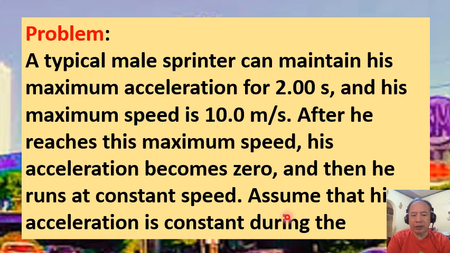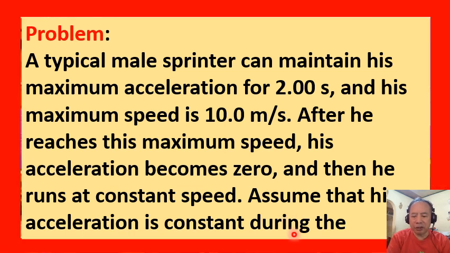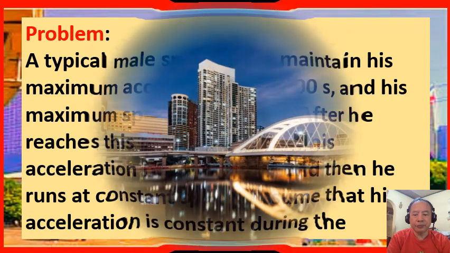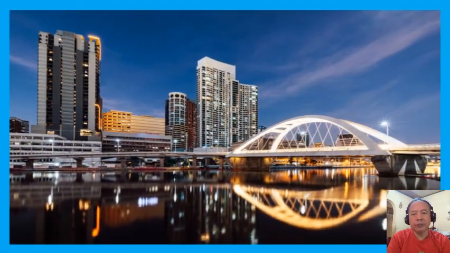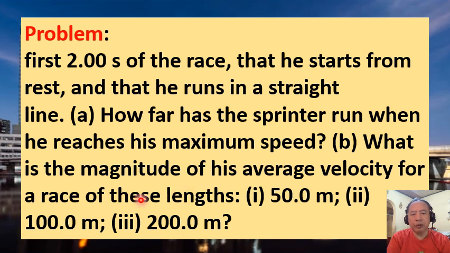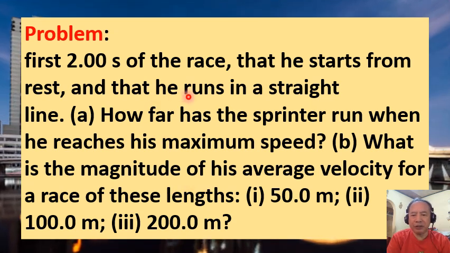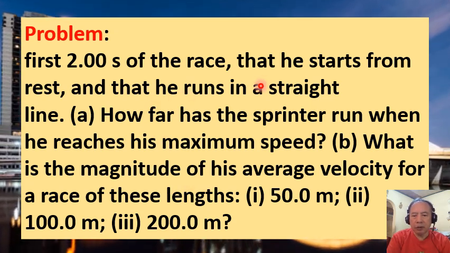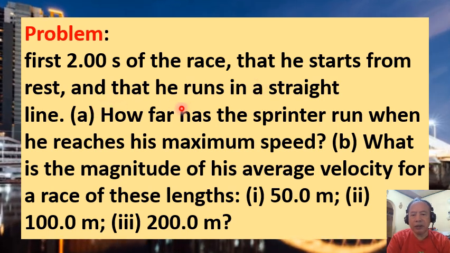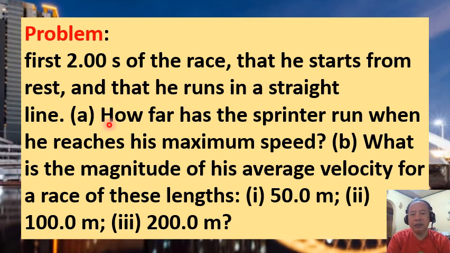Assume that his acceleration is constant during the first 2.00 seconds of the race. We also assume that he starts from rest and that he runs in a straight line.